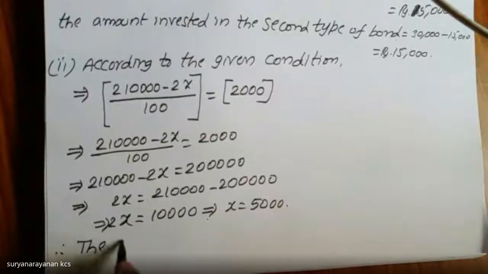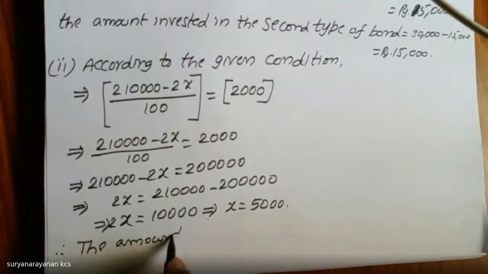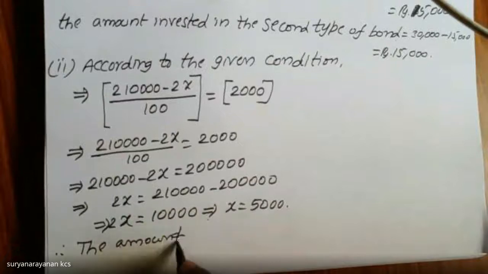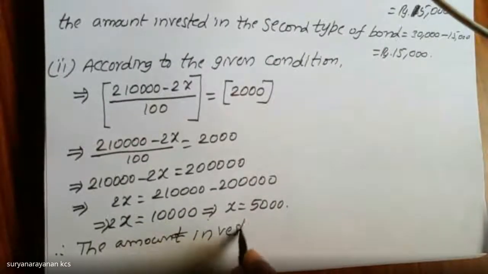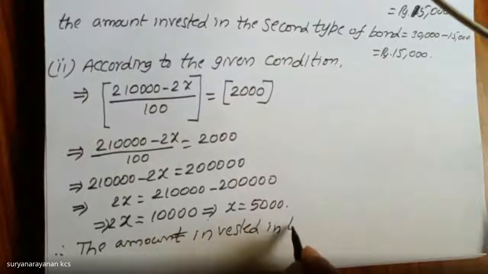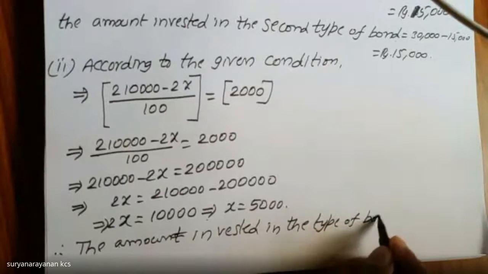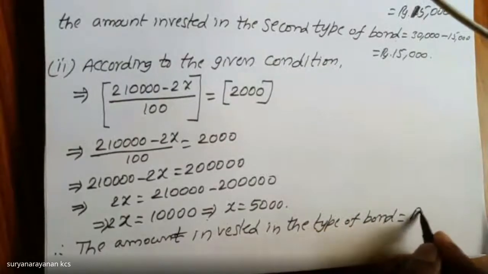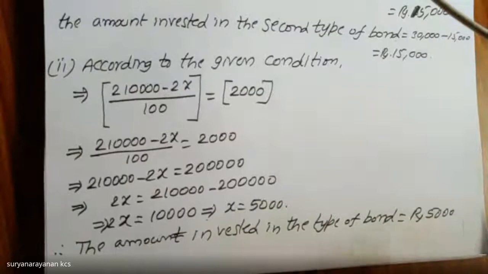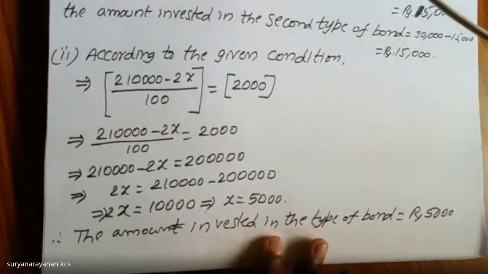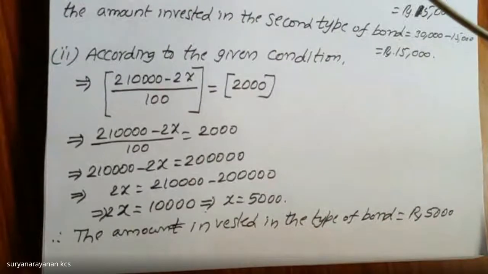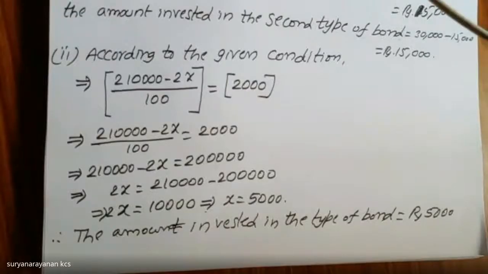Therefore x means the amount invested in the first type of bond is equal to 5,000 rupees. Then what is the amount invested in the second type of bond? If they invested 5,000 rupees in the first type of bond, the amount invested in the second type of bond is 25,000 rupees. That's all. Will you write that step, my dear children?